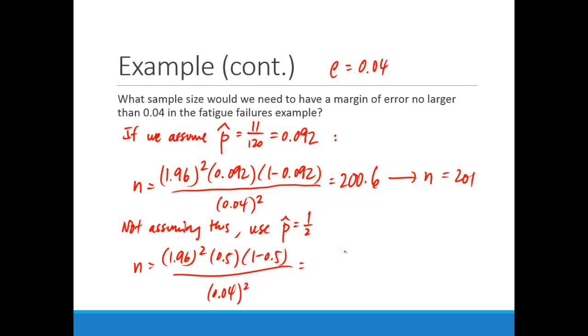This will give me 600.25, so therefore I should use 601. I should take a sample of size 601 here. And so again, when I don't assume I know anything about p hat, I need a larger sample to get that same margin of error.